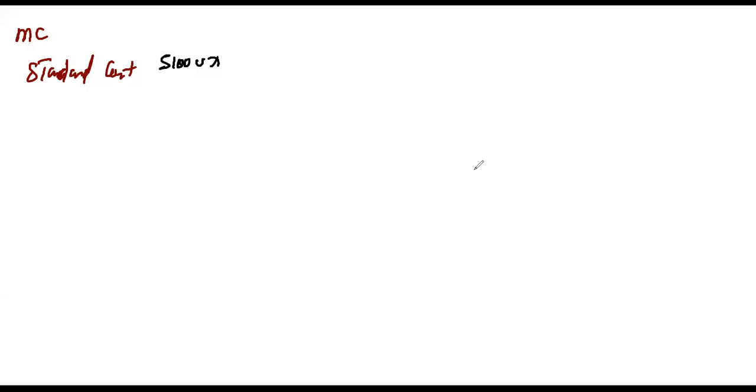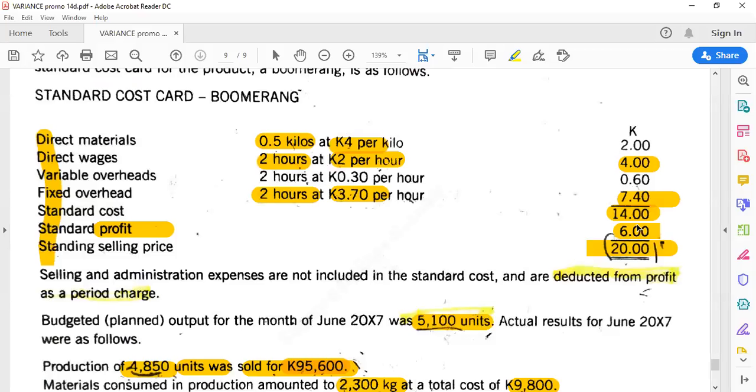Not profit. Our standard cost is 14 kwacha per unit. So to get our standard contribution, we simply get selling price minus variable costs only. We exclude the fixed costs.